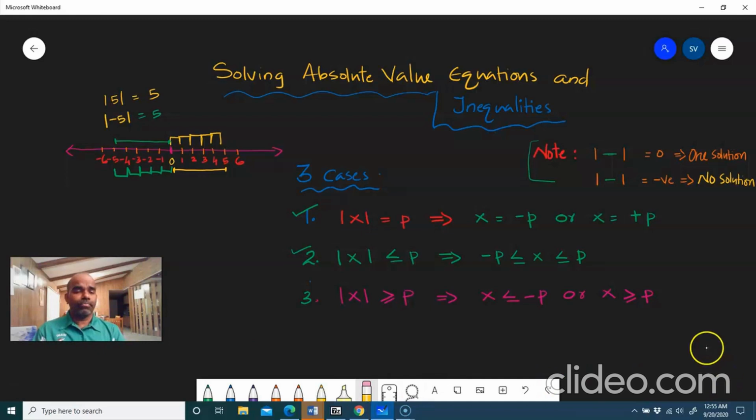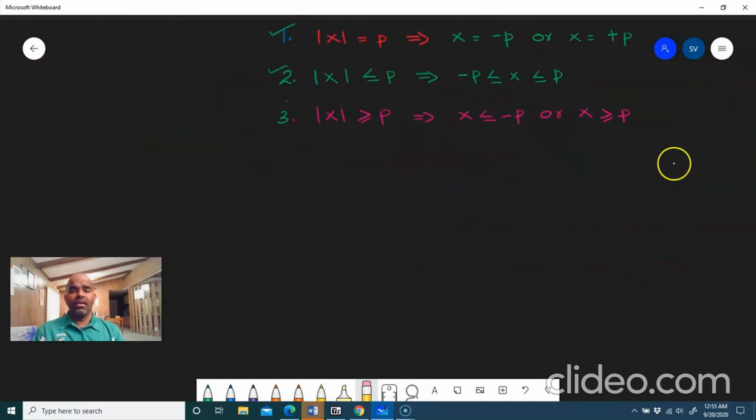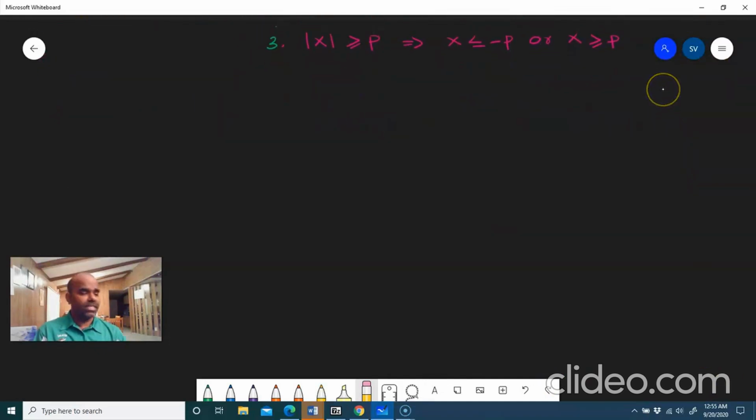I hope you can follow these rules. So I'm writing problem number 1: absolute value of x plus 3 is equal to 5. How can you solve it?